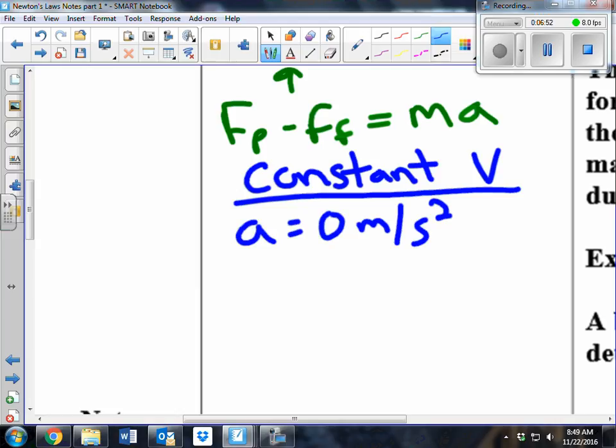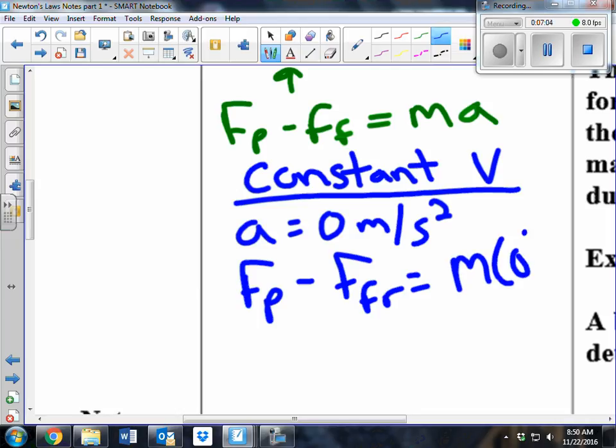So let's now plug it into the equation. So my net force is my force push minus my force of friction. So no longer are we ignoring friction, equals m times 0. So I have force of push minus my force of friction equals 0.